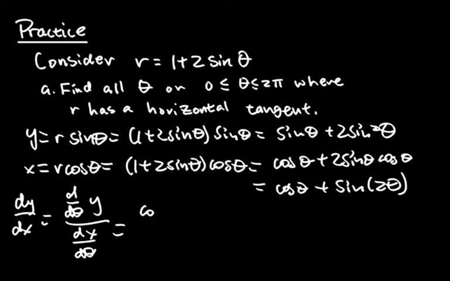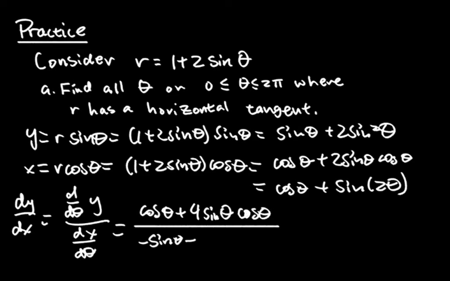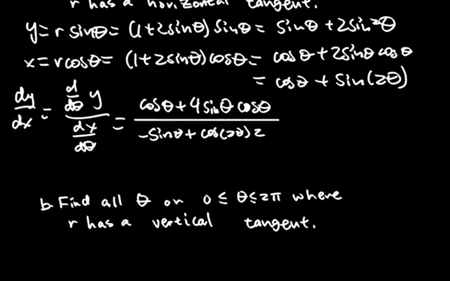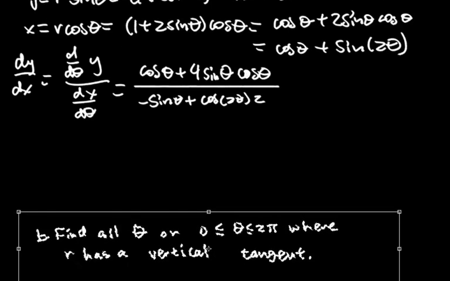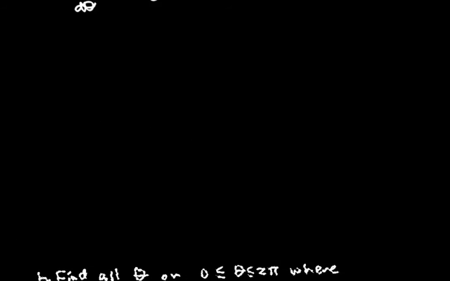We get cosine of theta plus 4 sine of theta times cosine of theta, all divided by negative sine theta plus cosine 2 theta times 2. So I'm going to move this because I'm definitely going to need a lot more space, but this will actually bleed together anyways.